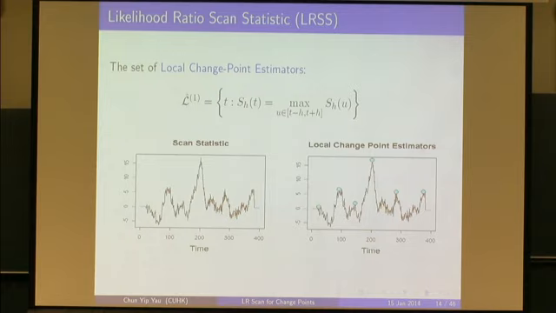So I do this. Usually it will be the local minimum. These local minimum, these blue dots, are called the local change point estimates, which are the product of my first step. I use the scan statistic to detect the possible change points, which are here.